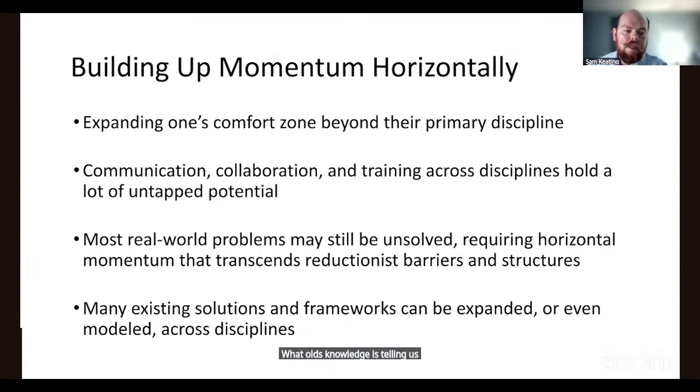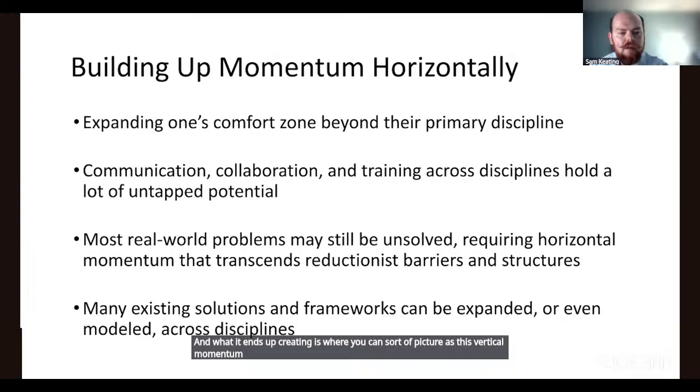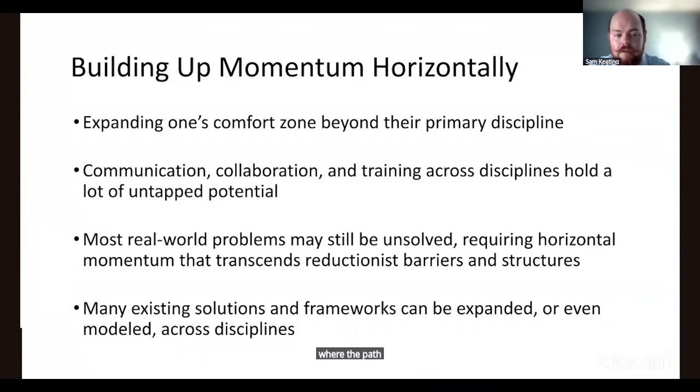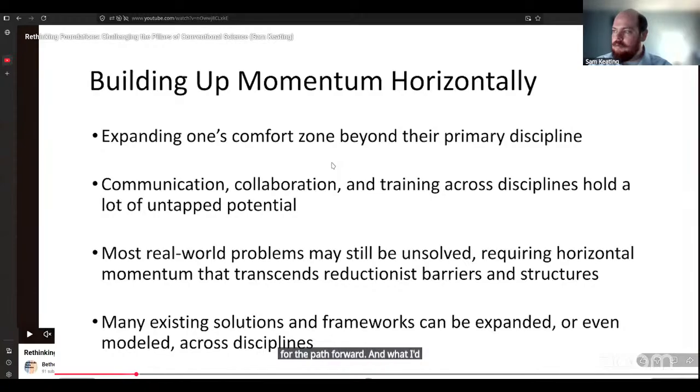What it ends up creating is what you can picture as this vertical momentum problem space, this ski line trajectory, where the path forward is decided and there's no room to change it. So in one sense, what this creates is room to actually automate and propose a computational framework for the path forward.